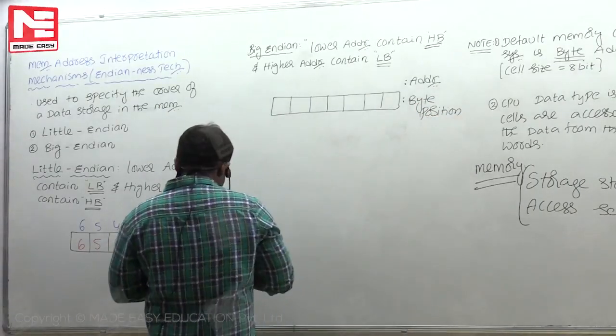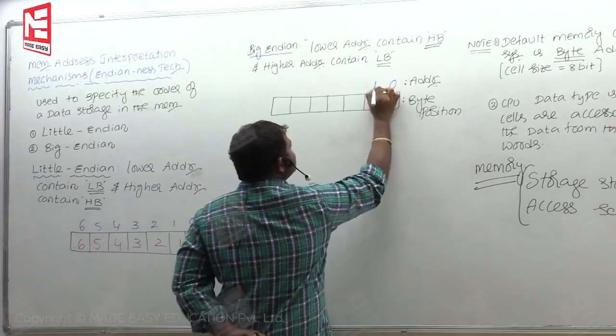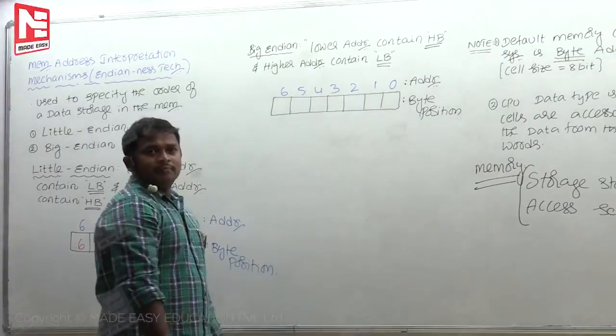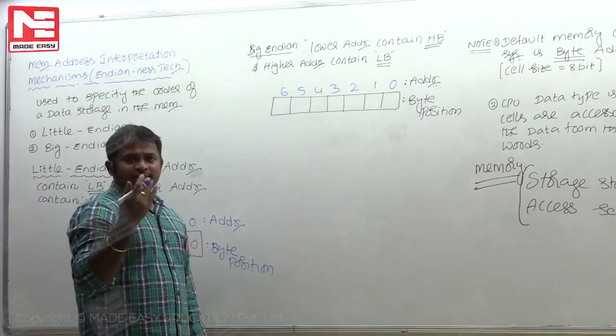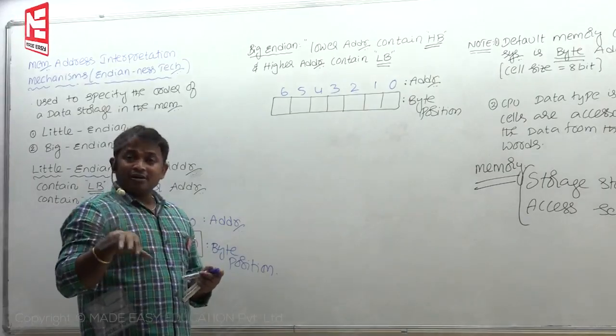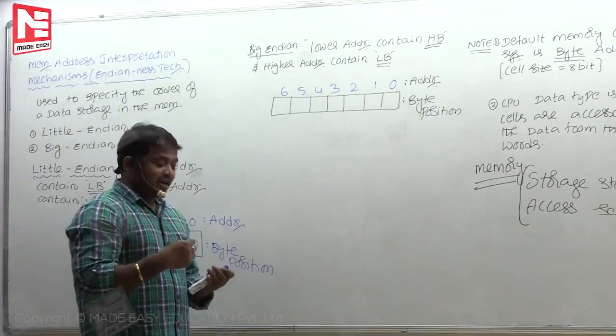See this. Address is always from low to high, no change in that. Memory addresses are always low to high. But what is the difference here? The order of data storage is different. So lower address contains higher byte.